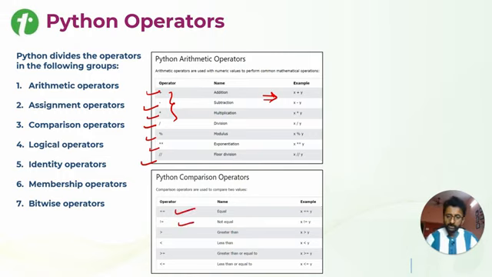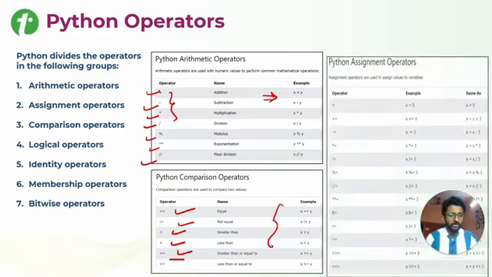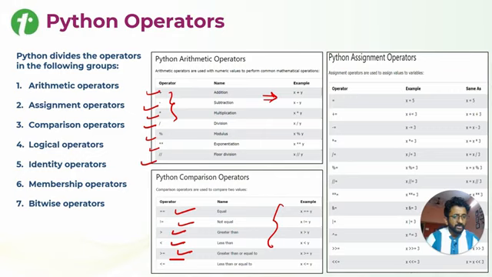Now to do comparison operations, you have equal to, not equal to, greater than, less than, greater than or equal to, or less than or equal to. And these are different examples of how the operations are performed. In assignment operations, whenever you are saying x equal to 5, you are assigning this value 5 to the x variable, right?